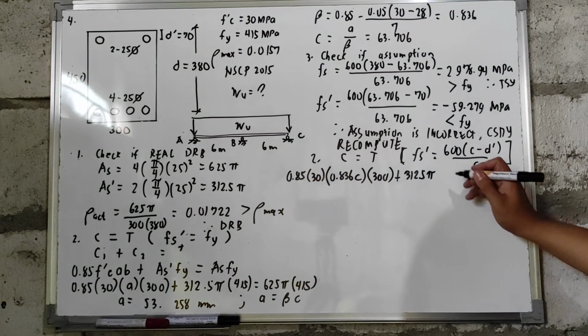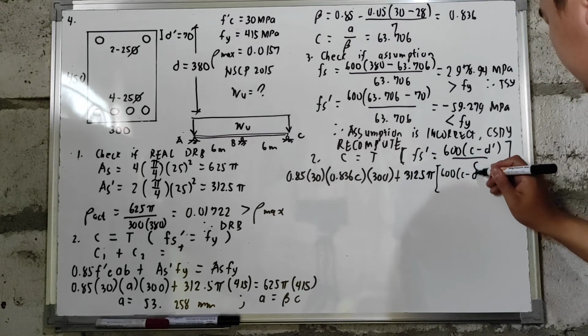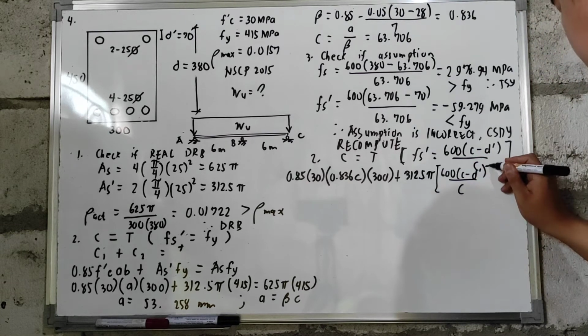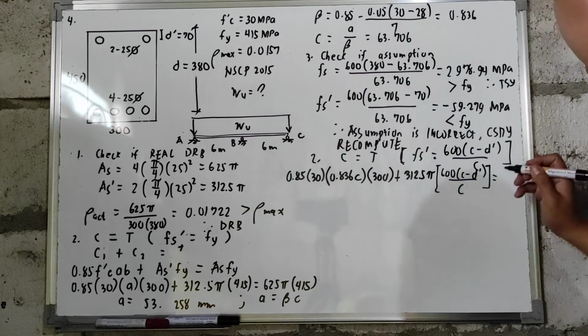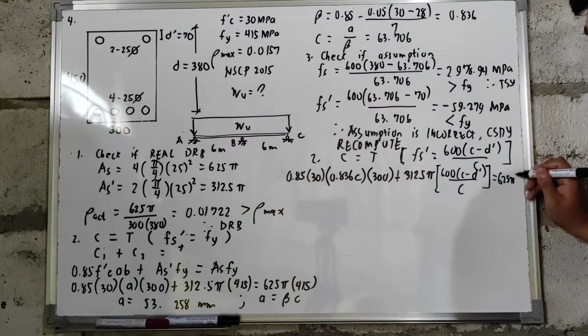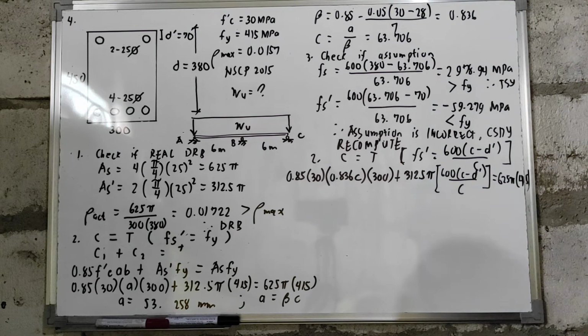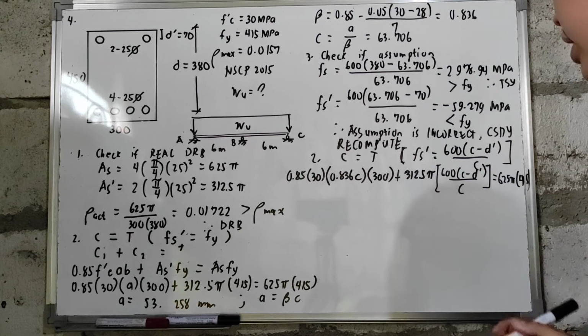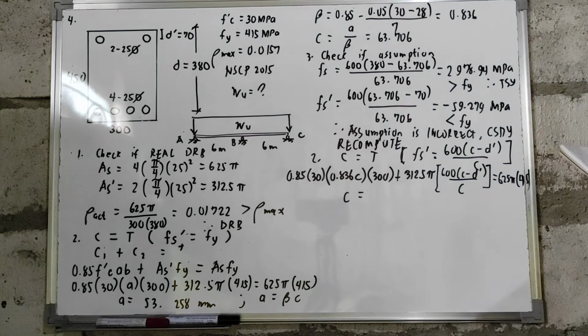So, ito yung gagamitin natin na value ng Fs prime. So, you have 600 C minus D prime over C is equals to AS. So, yung AS na na-compute natin, that is 625 pi multiplied by 415, which is the yielding strength nung steel natin.